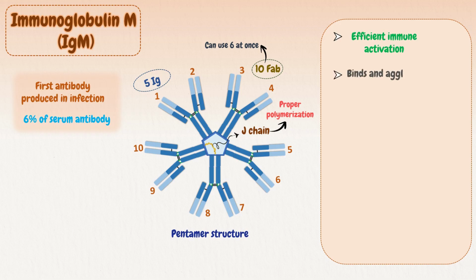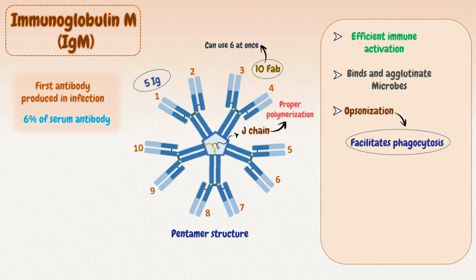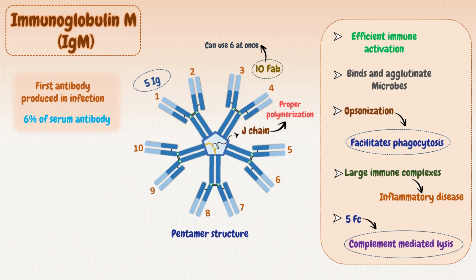It also plays a role in opsonization, thus helping in the process of phagocytosis. It is also very efficient at making larger immune complexes, which can activate unwanted inflammation and ultimately an inflammatory disease. That's why its production is downregulated as soon as sufficient IgG has been generated. It has 5 complement binding sites that make it efficient in complement-mediated lysis of the organisms.